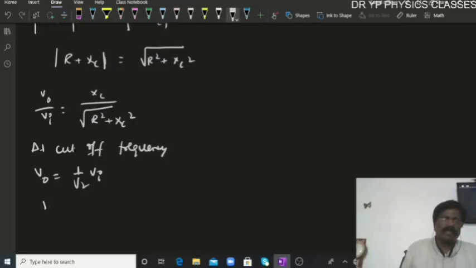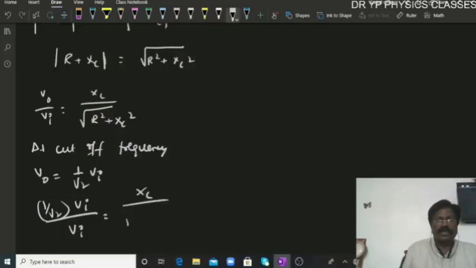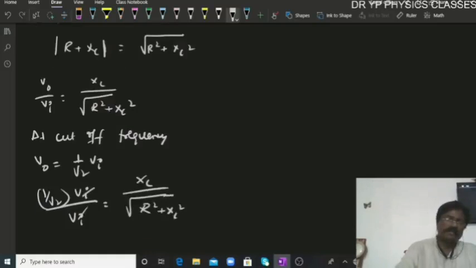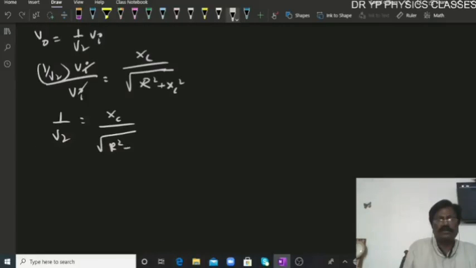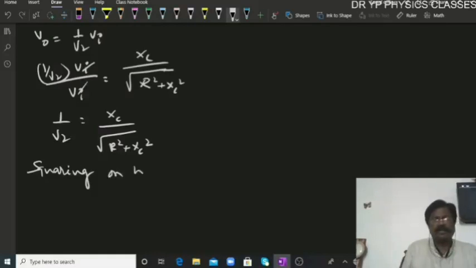If we substitute this value in this equation, 1 by root 2 into Vi divided by Vi is equal to XC divided by root of R square plus XC square. So Vi cancels and I am left with 1 by root 2 equal to XC divided by root of R square plus XC square. Now let us square on both sides.